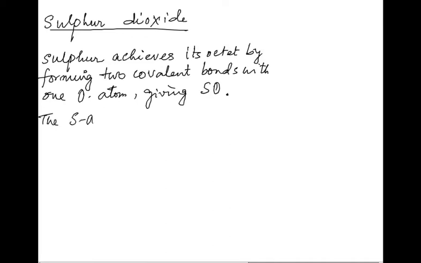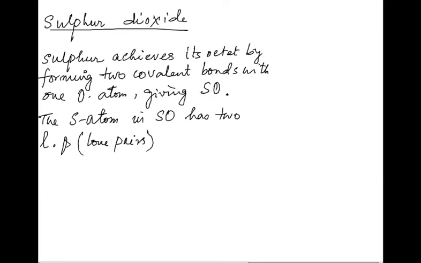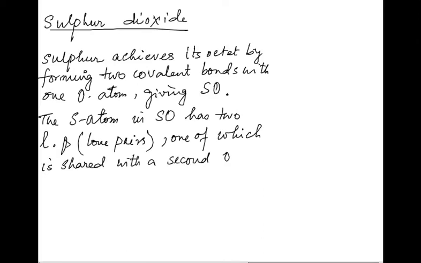The sulfur atom in SO has two lone pairs, one of which is shared with a second oxygen atom to form SO2.